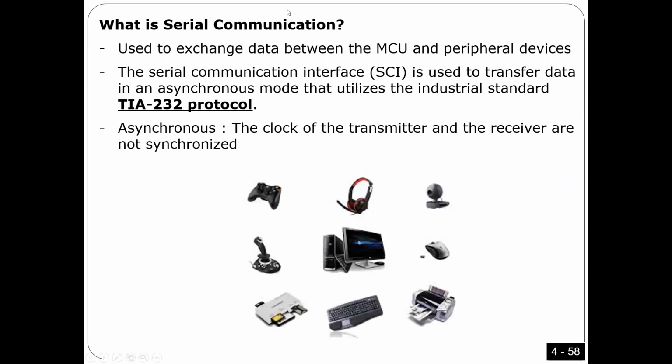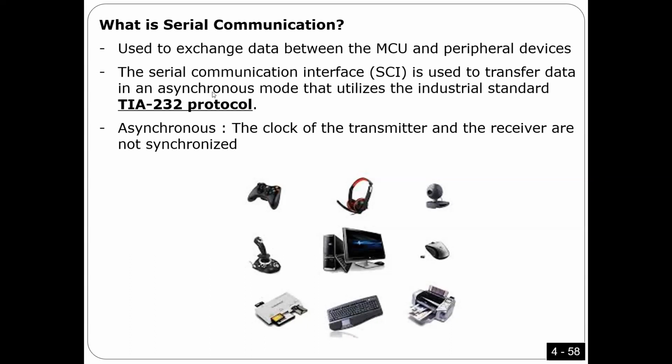So here, you know what I mean by serial communication. Serial communication is already used in many devices. The serial communication interface, that's what we call SCI, is used to transfer data using serial communication, and usually they use the asynchronous standard.